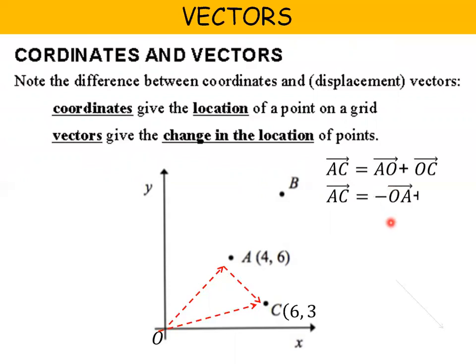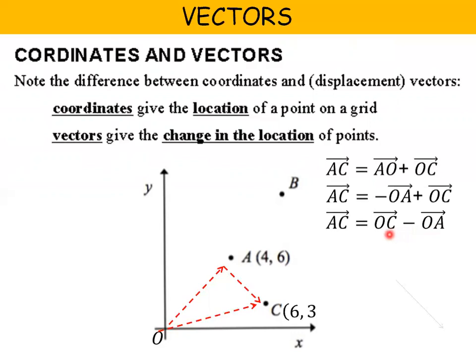So vector AC is minus OA plus OC. Since I know OA, I'll just attach a minus sign to OA. That will give me the same thing as the vector AO. If I rewrite this, I will have OC minus OA.